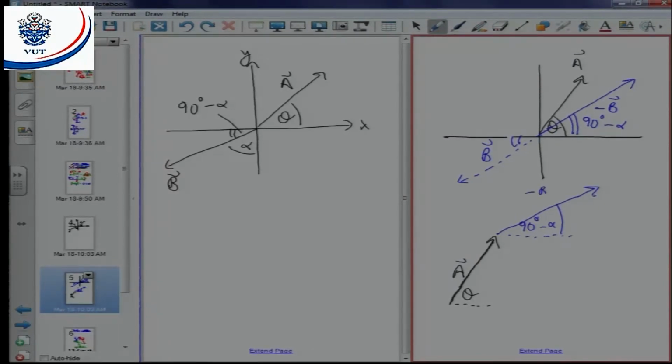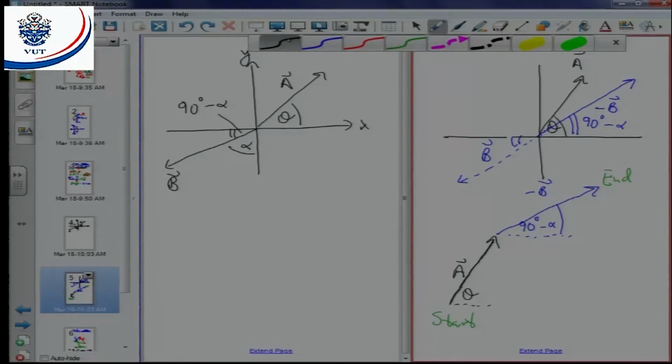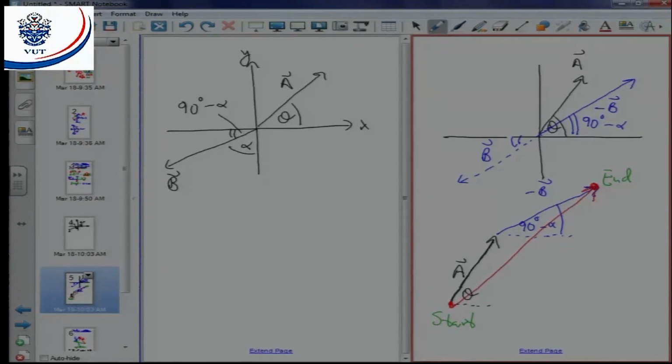So that's our minus B. And you can see that to get the result, that's our starting point, and that's our end point. So the resultant is from the starting point to the end point. In this case, it's from here to there. So that vector over there is our A plus minus B, which is just A minus B.